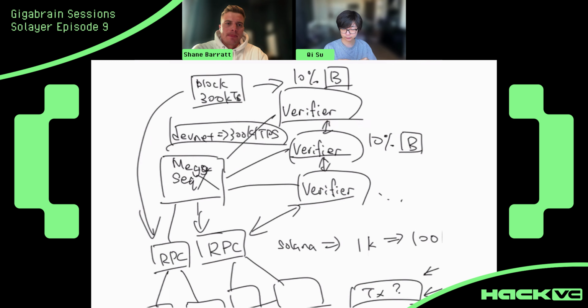Mm-hmm. And then how does bridging work? Oh, bridging, that's another huge topic. So we have just concluded our Cantina competition for our bridge. For the bridge itself, we modify some of our chain to call special syscalls.